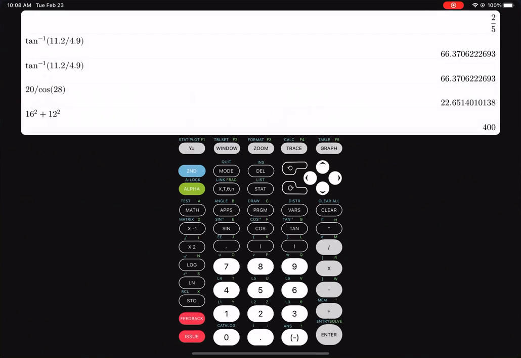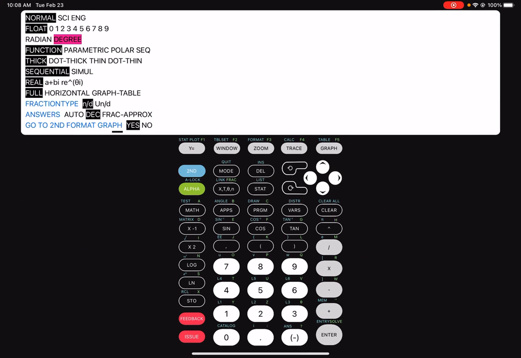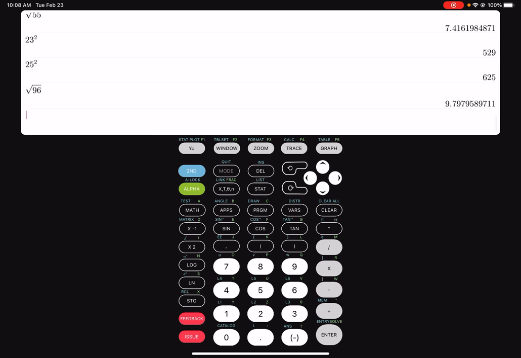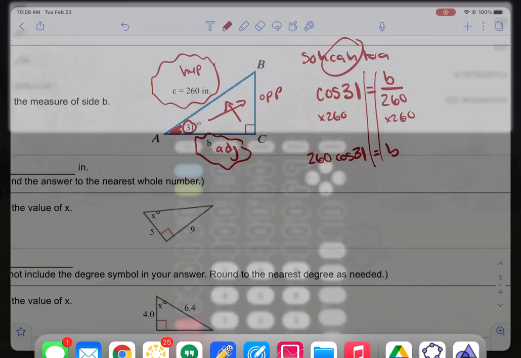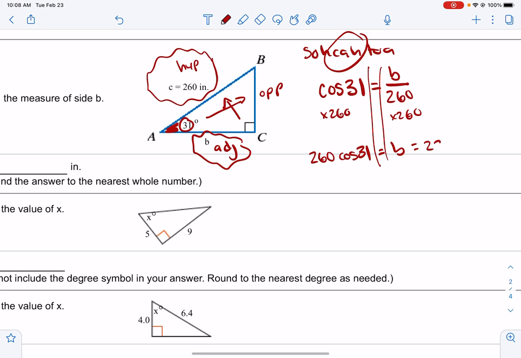So I'm going to go to my calculator. I'm going to click on mode and make sure I'm in degree mode. And then I'm going to type in 260 cosine of 31 degrees. And when I hit enter, it tells me 222.8634.